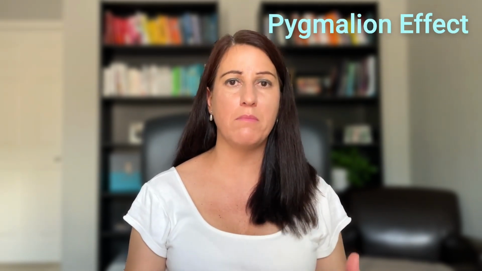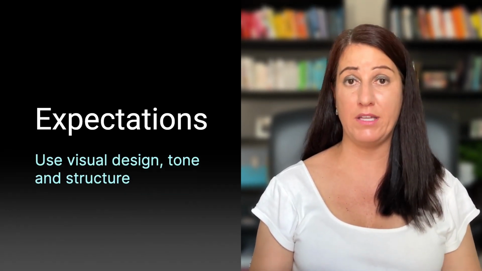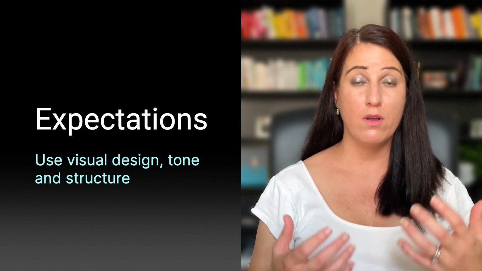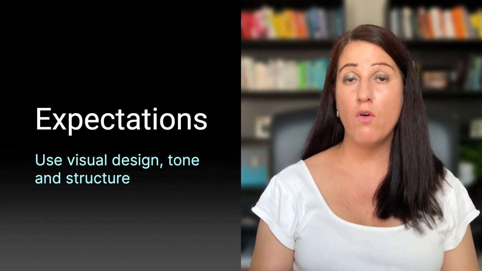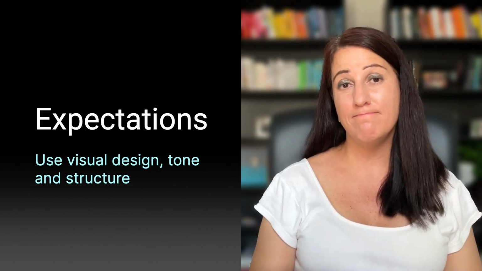Let's talk a little bit more about how you can use the Pygmalion effect in the things that you and your team are building. First, you want to set positive expectations. You can do this through strong visual design, tone, and overall structure of the page.